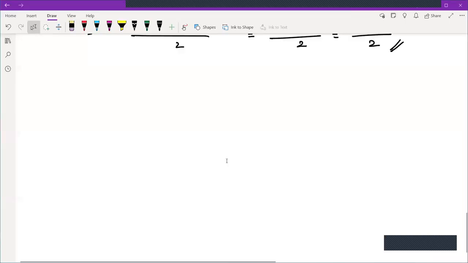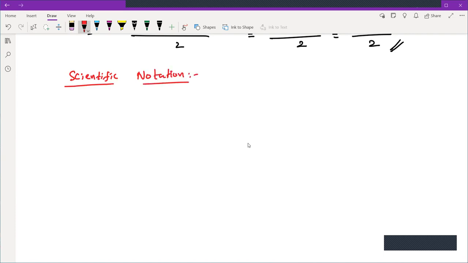Then the next one is scientific notation. Scientific notation will help us to write big numbers in a very small form. Could you choose any big number?